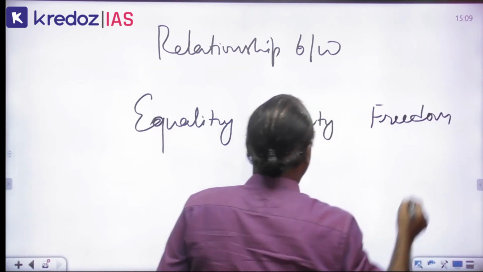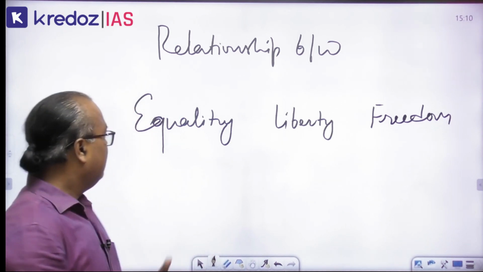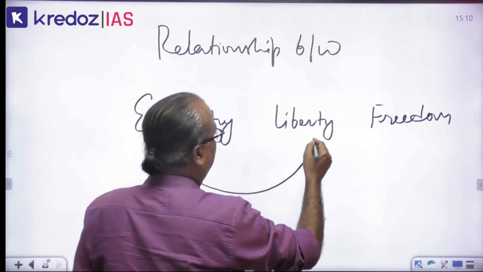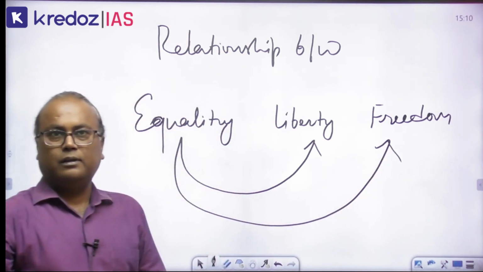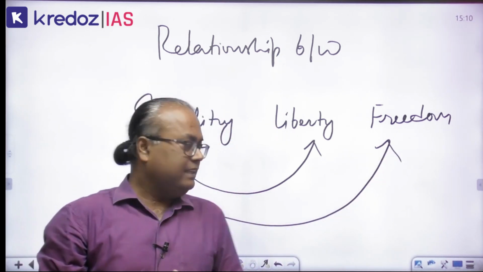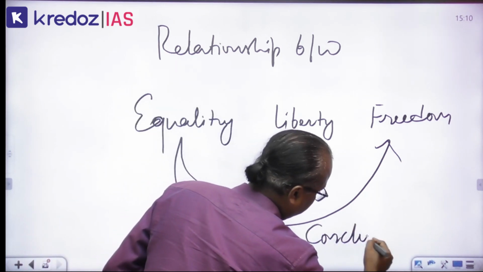Certainly we are going to understand what is the difference between liberty and freedom. So we are going to connect equality with liberty and equality with freedom. Okay, and lastly we will go for the conclusion here.